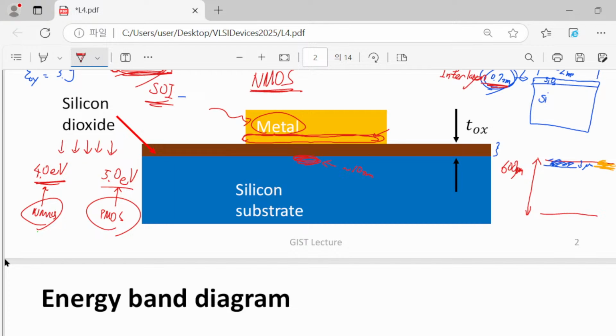For example, certain technology provides 5 different values of threshold voltage on the same chip. So as a designer, you can select: I like this standard transistor, or I want to use this low power transistor, or I love to use this ultra low power transistor.